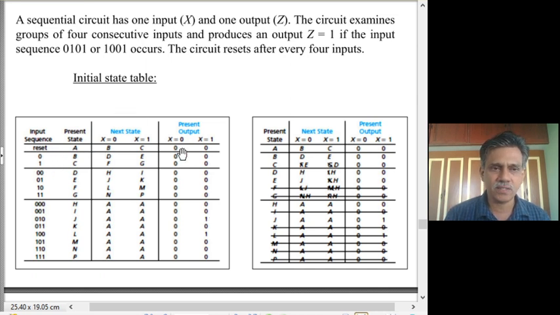So this is what happens when the first bit comes. Here, for our understanding, we will also write down the bit pattern that has been obtained until that point, so that we will know after getting the 4th bit whether the pattern has appeared or not. So here only 1 bit has come. Here B corresponds to a state when the bit 0 has come.